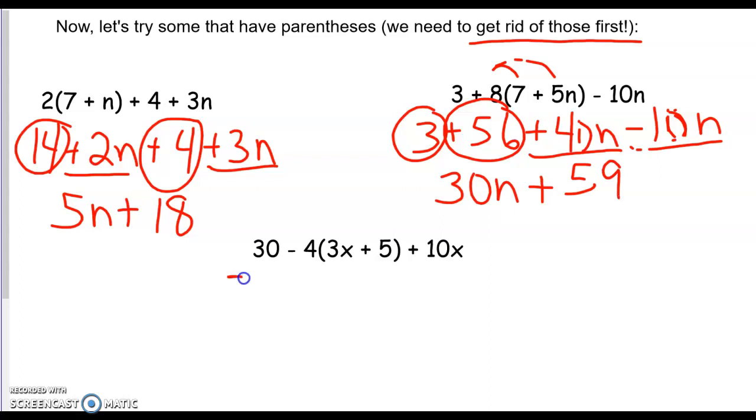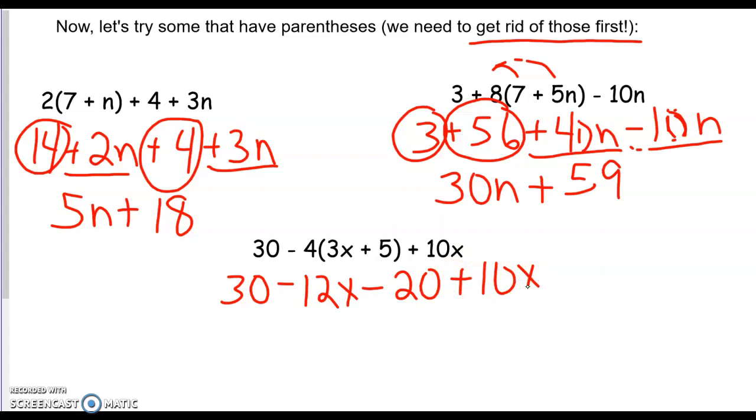All right, let's do the last one. Let's bring down, because we're doing one step at a time, and it's a minus. That's really important. Now, negative 4 times 3x is minus 12x. We already have our minus sign. Negative 4 times positive 5 is negative 20. And then bring down the rest of the expression. Okay, now let's look at our variables.